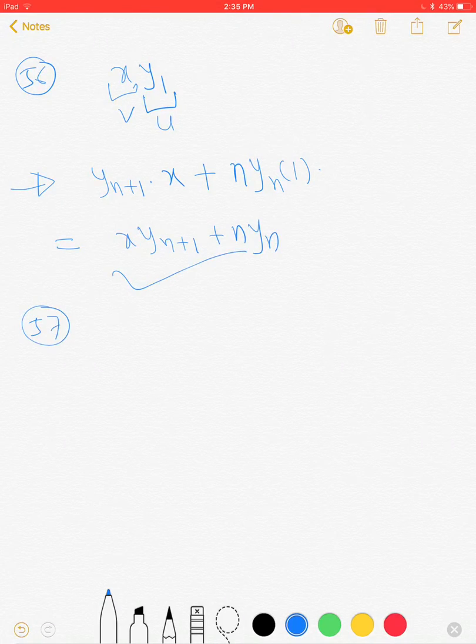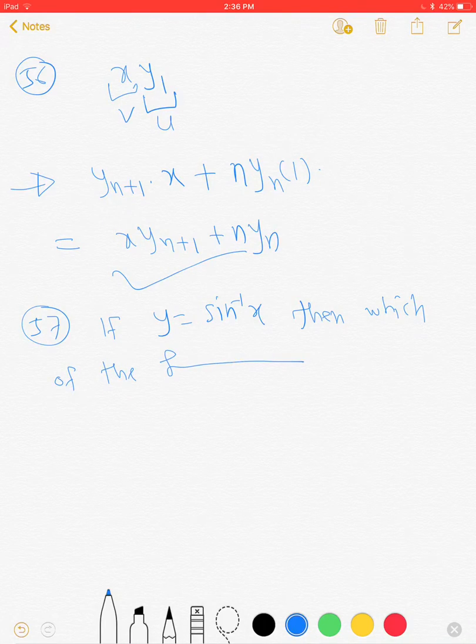Next question, that is question number 57. In question number 57, it is given that if y is equal to sine inverse of x, then which of the following relations is true? And there are 4 options. Option A is (1 minus x square) into y2 plus x y1 plus y is equal to 0.